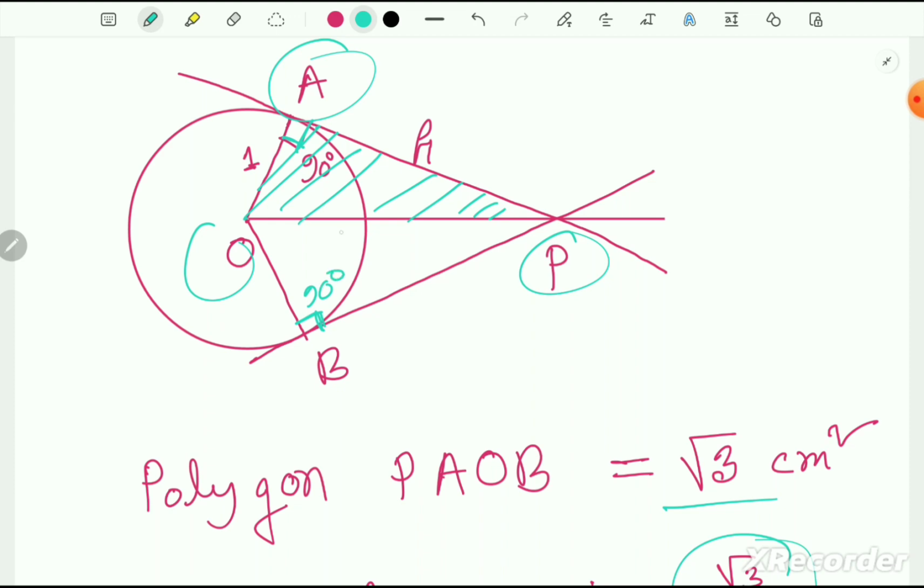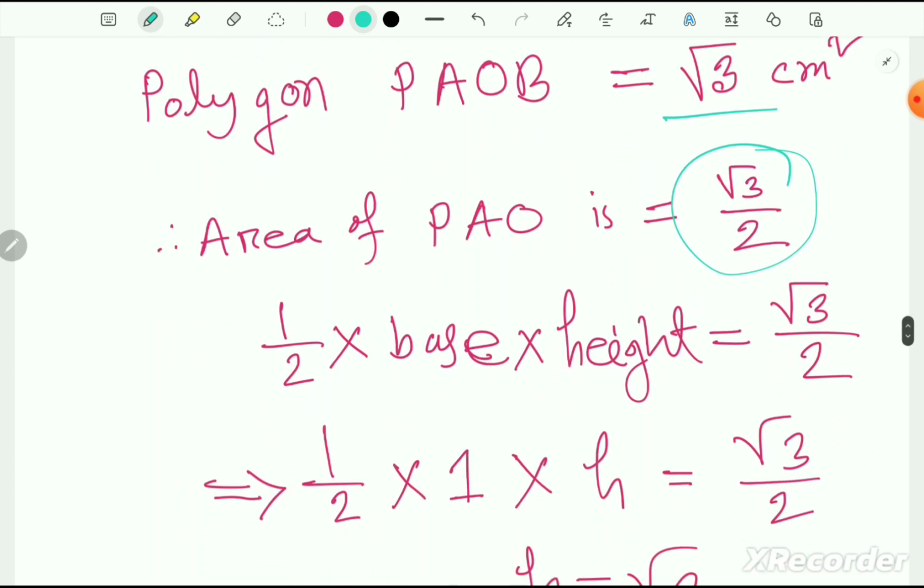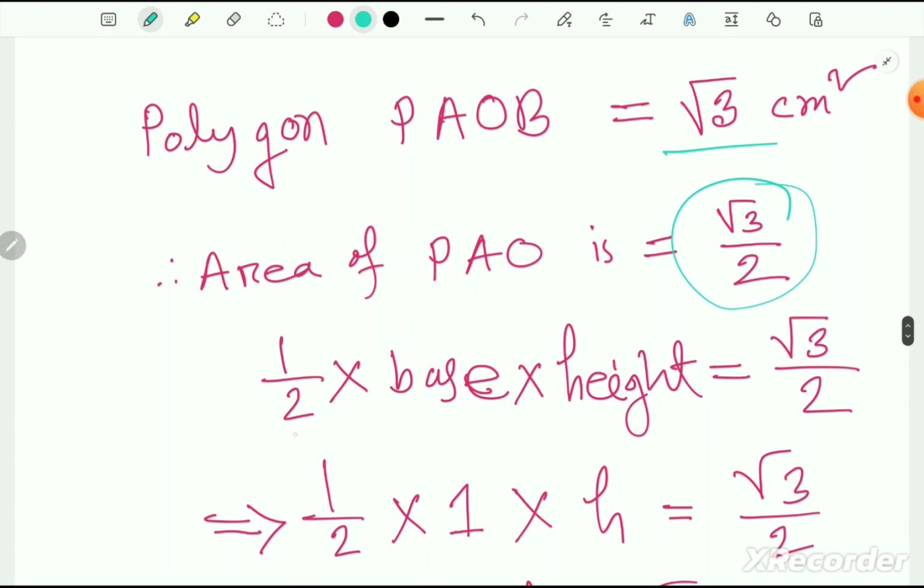So if it is 90 degree, it's very simple to find the distance, because this is the hypotenuse and OA is the base and AP is the height, right? Base we know, 1 centimeter, height we do not know, but we know the area, and also PO we do not know. So let's take a look at how we can do it.